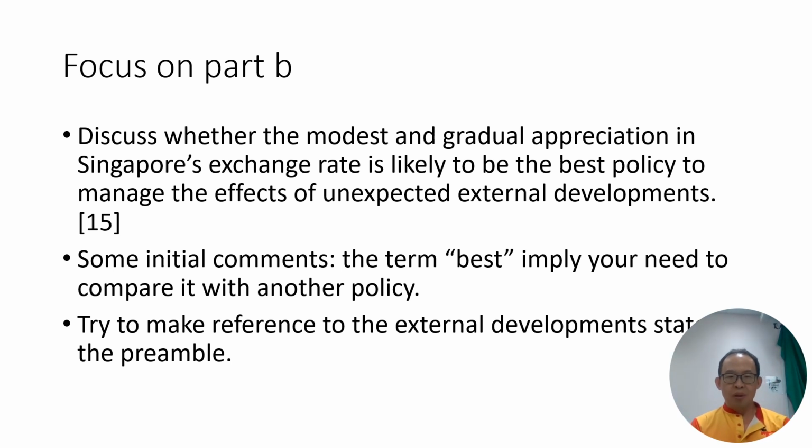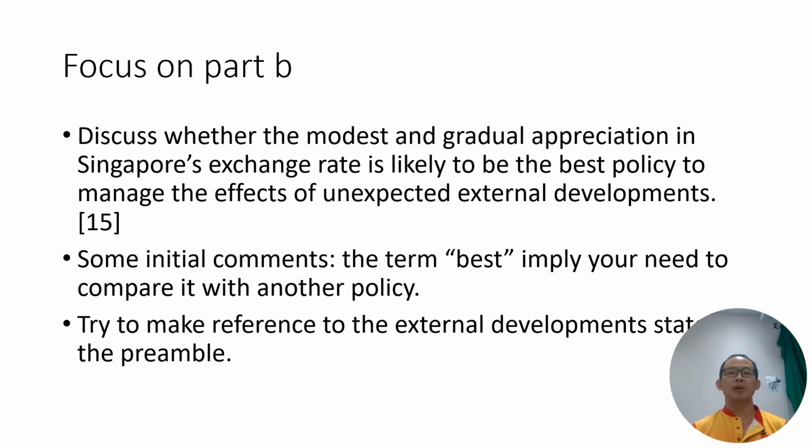Discuss whether the modest and gradual appreciation in Singapore's exchange rate is likely to be the best policy to manage the effects of unexpected external developments. So here are some of my initial comments when I first read this question. Note that this question has a term best.